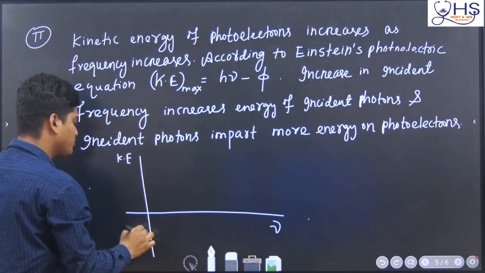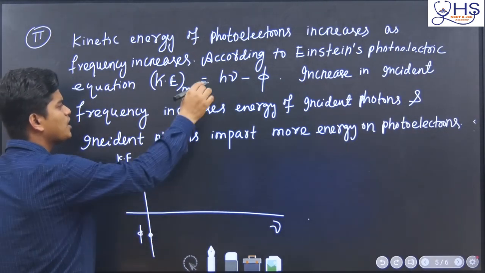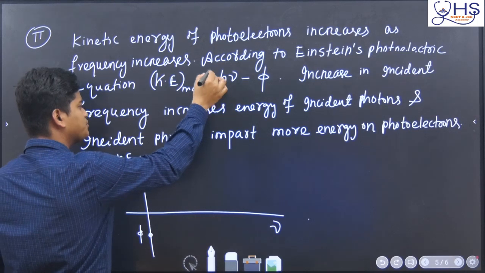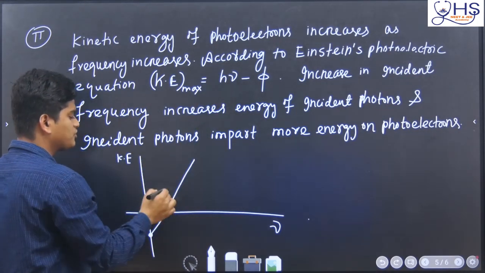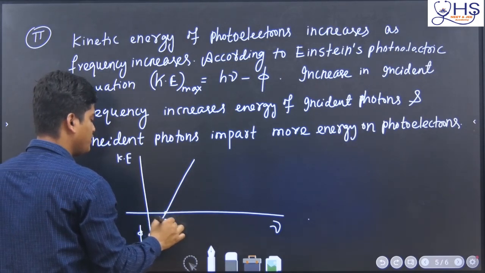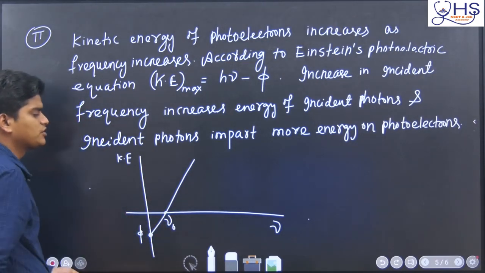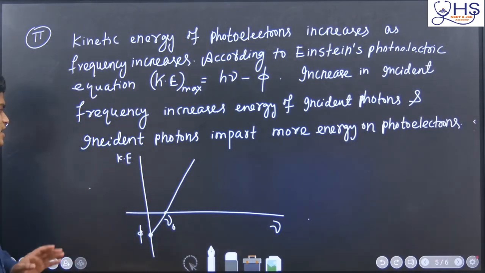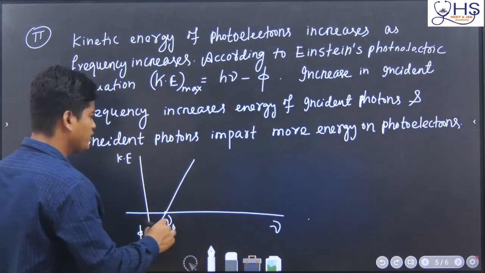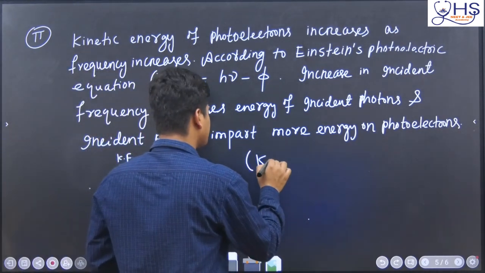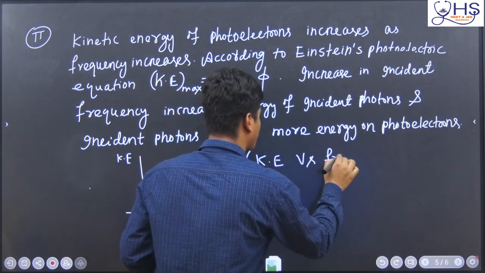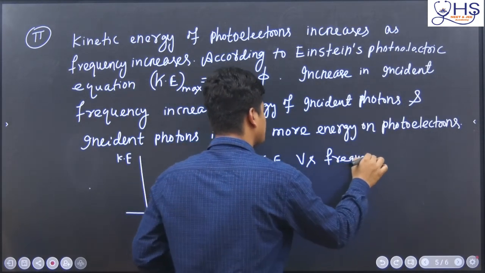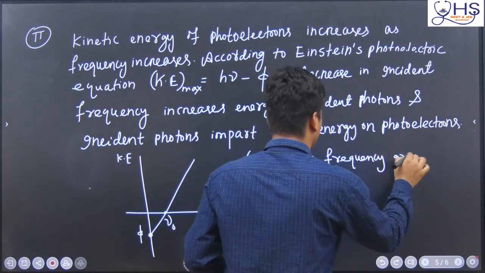So, the work function phi will be here, and it is a positive slope, the slope is h. So, it will be like this, and here it will be nu naught, which is called the threshold frequency. So, this is your kinetic energy versus frequency graph.